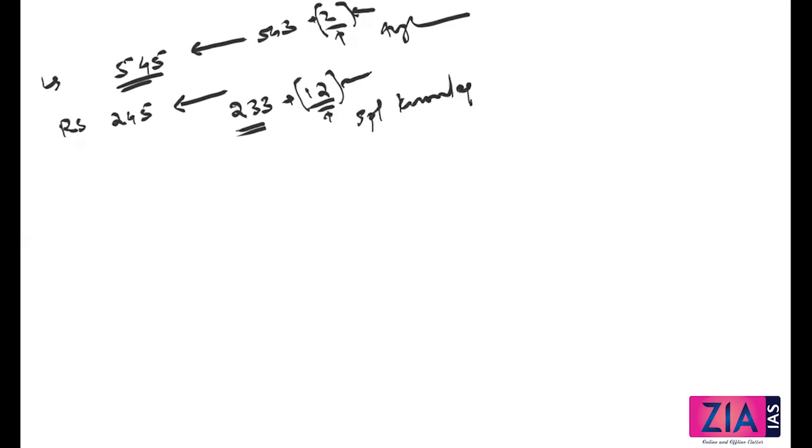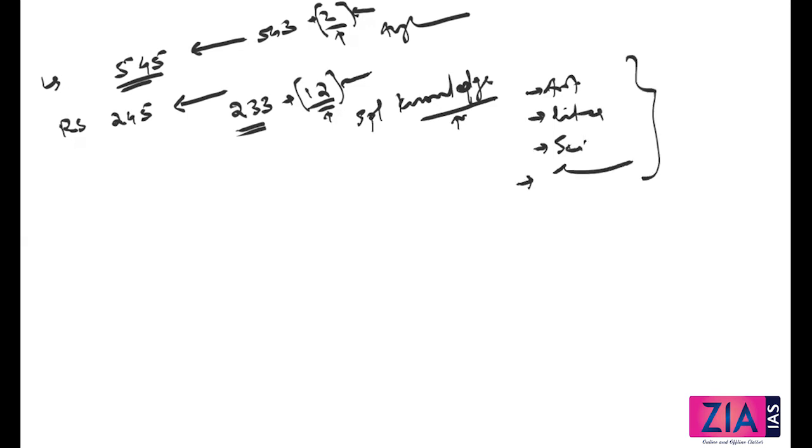These days you will see the trend of asking very specific questions: which among the following is given in the constitution? Art, literature, science, and social science. This is what is actually given in the constitution. But if you look into Sachin's case, it has been made clear that any expert can become a member of Rajya Sabha.